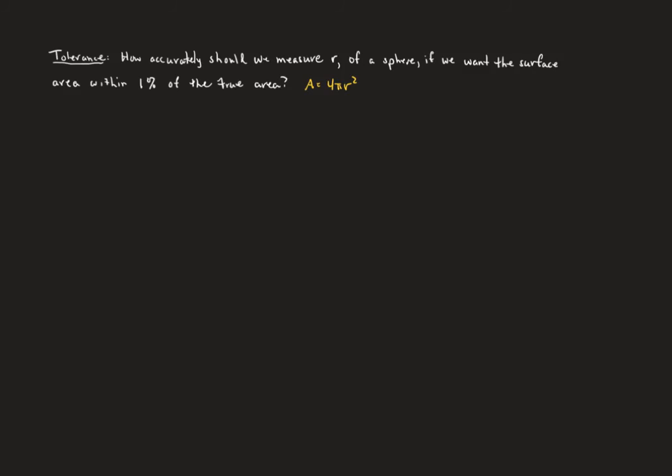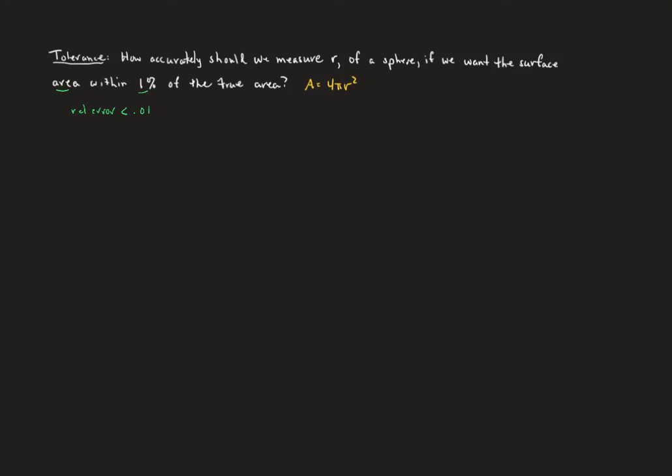So let's think a little bit about what we know and then what we're going to try to go with this. If we want the measured area to be within 1% of the true area, then we want our percent error to be less than 1%. That means we want our relative error, if you remember how we did this earlier, to be less than 0.01.